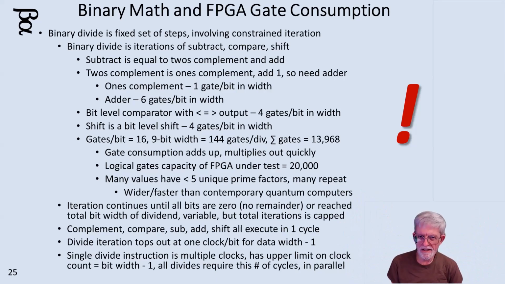If I can do this a small number of times, I've got my prime factors. Remember, it's only for prime factors 0 to 511. If I have more gates, I can make it wider. And I can continue to do this until all the decision bits come out as 0. There are no remainders. But the total number of iterations is capped.